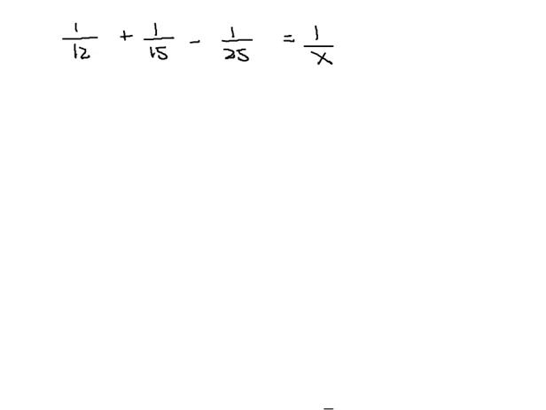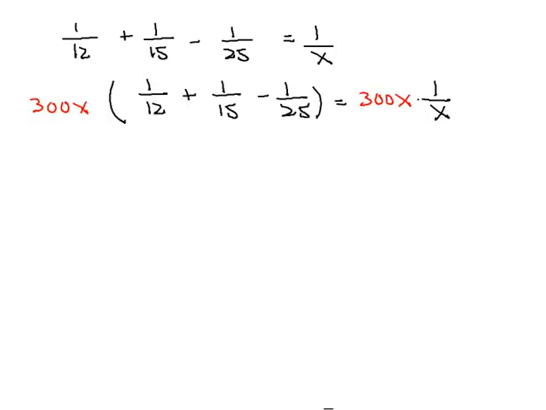Now restating the equation, we have 1 over 12 plus 1 over 15 minus 1 over 25 is equal to 1 over x. We'd next like to eliminate the fractions from the equation, so we'll multiply each term by the lowest common denominator, which will be 300x.